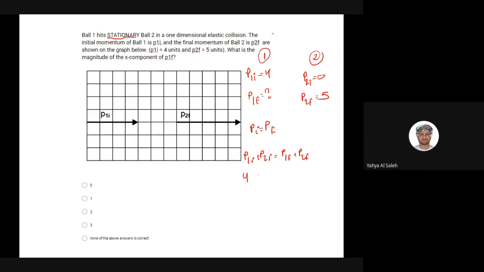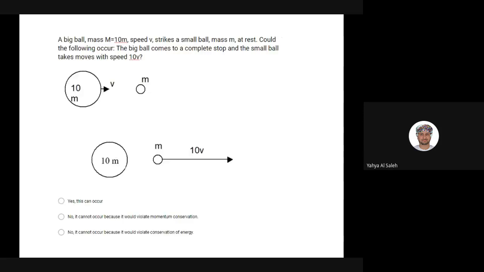P1I is 4, P2I is 0, P1F we don't know, P2F is 5, which means that P1F is equal to 4 minus 5, which is equal to minus 1. Magnitude of P1F is equal to 1. Well done to those who got it. Let's try another one.